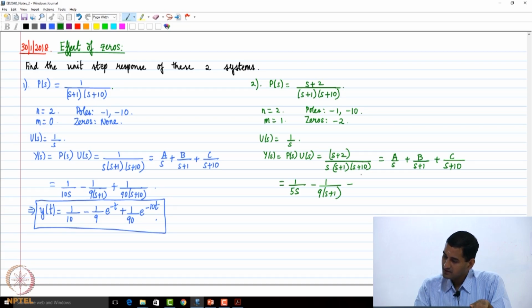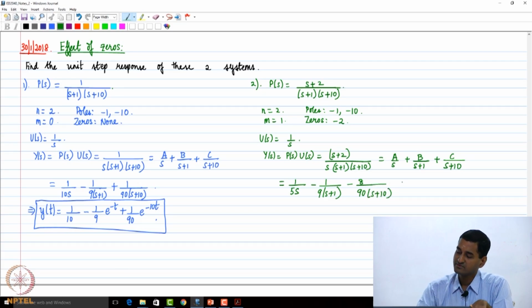Let me write it as minus 8 by 90, for a specific reason. So 4 by 45 I am just writing as 8 by 90. So we are going to have minus 10, minus 9, 90, and then minus 18 in the numerator. So I can write it as minus 8 by 90. So this is what we have.